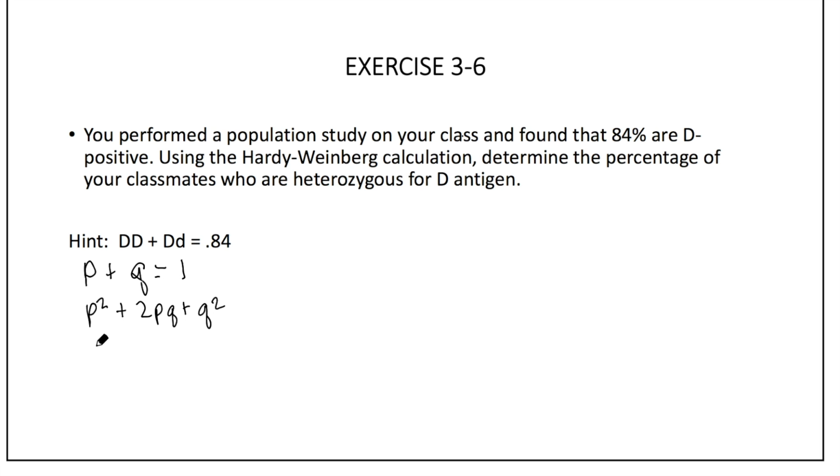So if we just go ahead and substitute that in, we have 0.84 plus Q squared equals 1. So now all we need to do is to solve for Q squared.